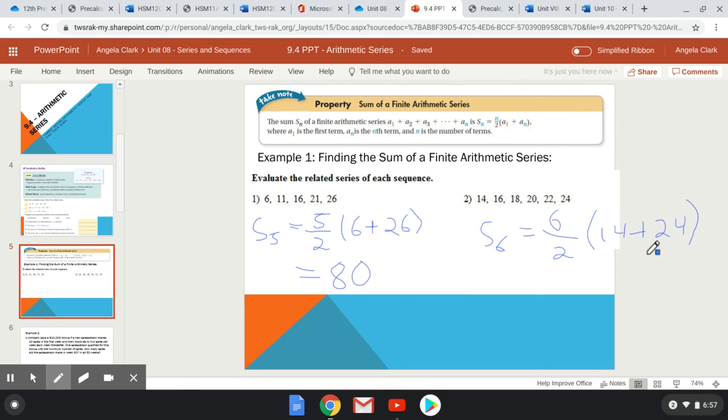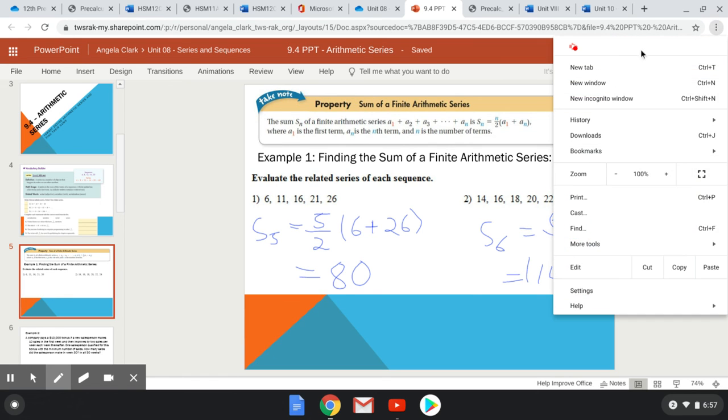If we put that in a calculator or in our head, it is going to be 114. So if we add all these together, we're going to get 114. Hopefully all of this makes sense, and I will see you in the next video.